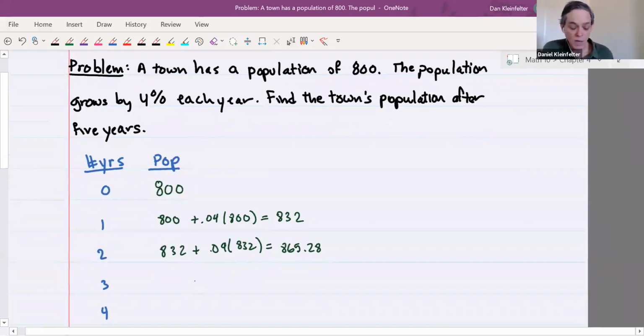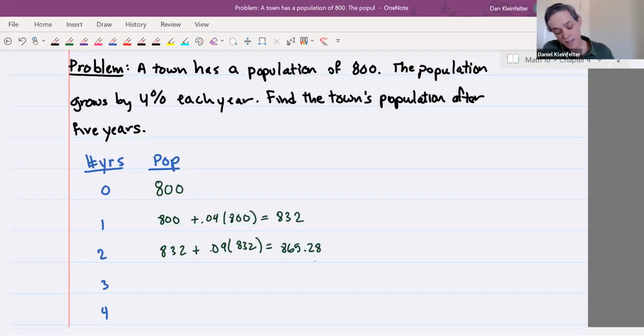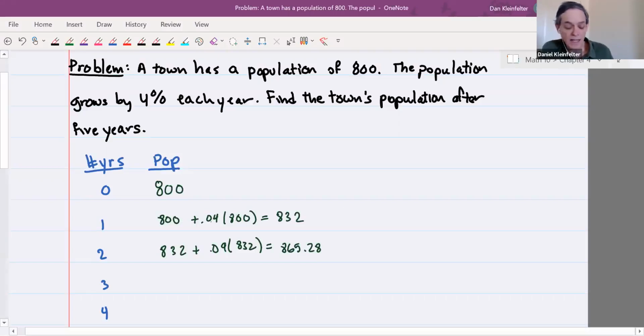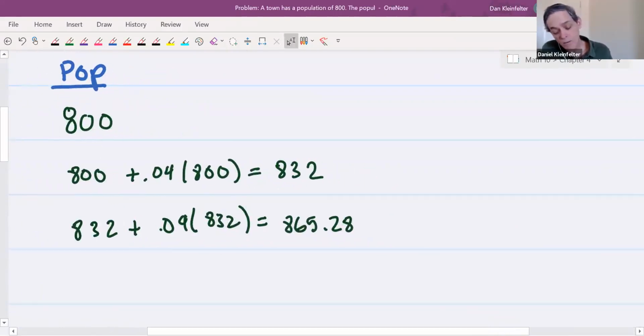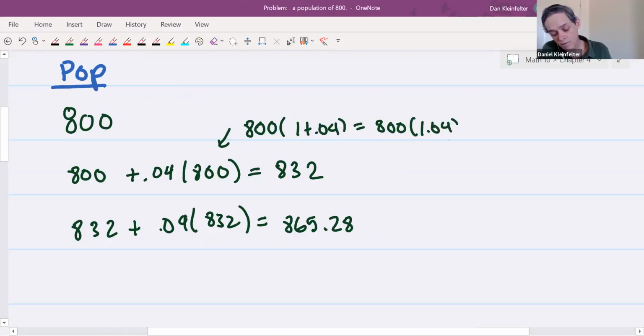But the point here is that we're going to increase by that 4% at each stage. Another thing worth pointing out is the calculation that we're doing here in row 1 for 800 plus 0.04 times 800. We can write that, if we factor out the 800, as 800 times 1 plus 0.04, which is 800 times 1.04.